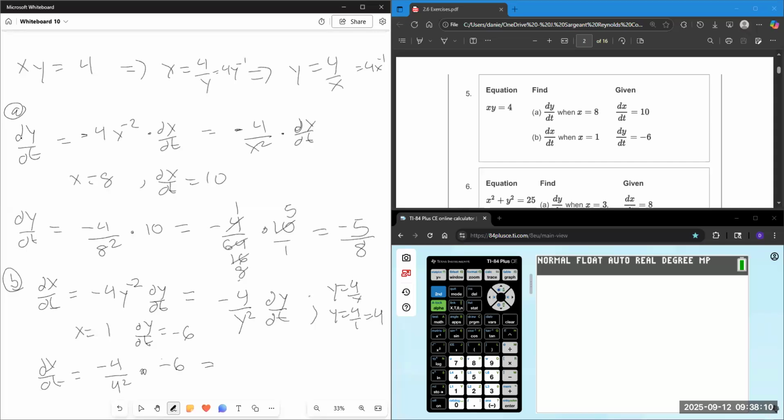So 4 goes into 4 squared 4 times. So that's a -1/4 times -6 over 1. A negative and a negative make a positive. 2 goes into 6 3 times, 2 goes into 4 2 times, and that's a rate of change of 3/2.